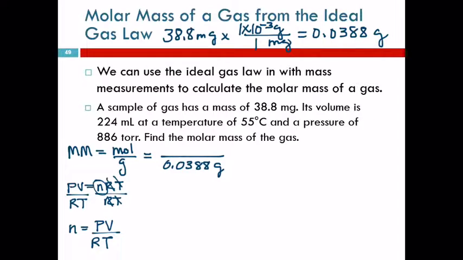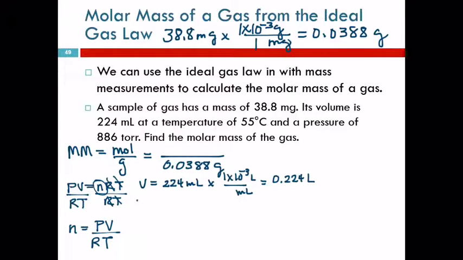So volume is 224 milliliters. It has to be in liters. So we convert. Milliliters on the bottom, 1 times 10 to the minus 3 liters on top, 0.224 liters.